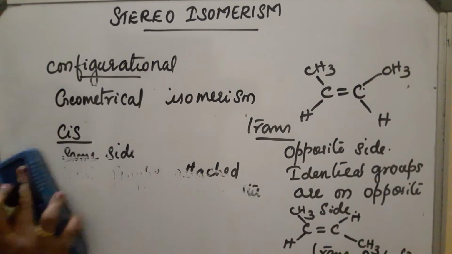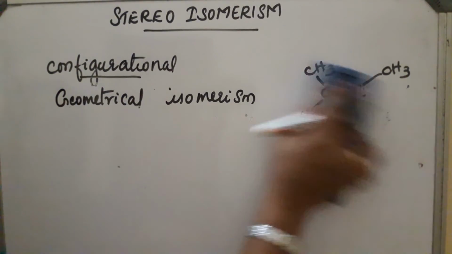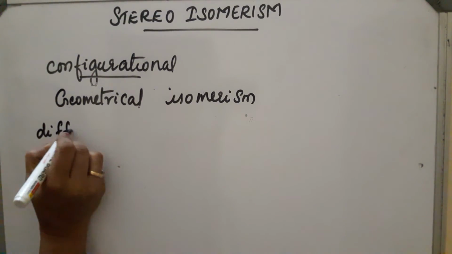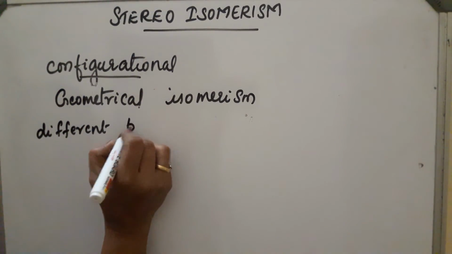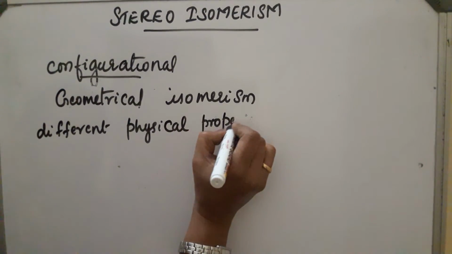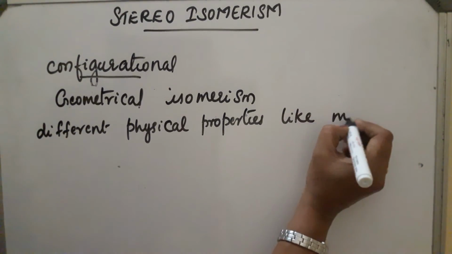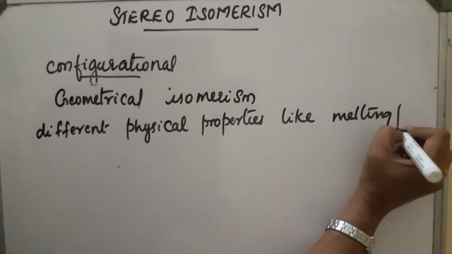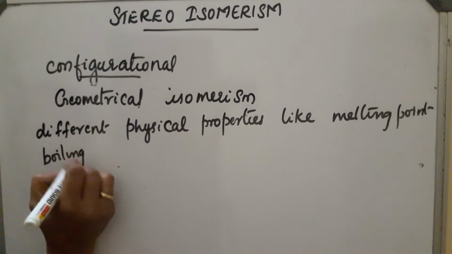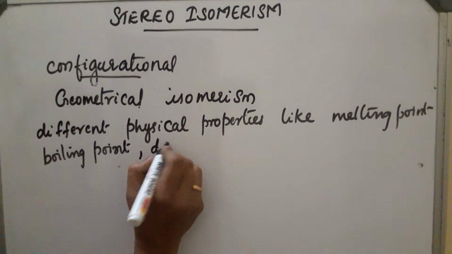So physical properties like melting point, boiling point, dipole moment, solubility, etc. are also different, because of the difference in spatial arrangement.